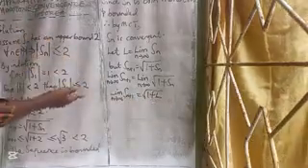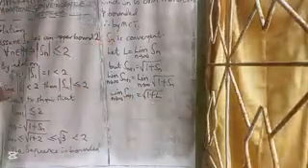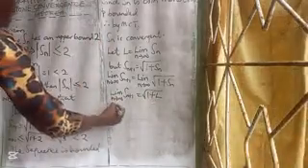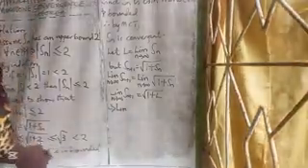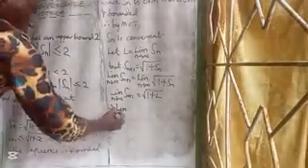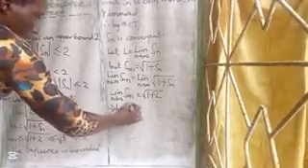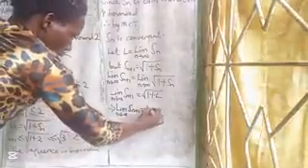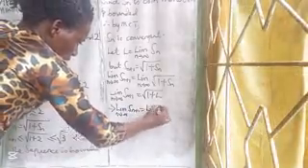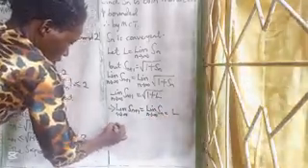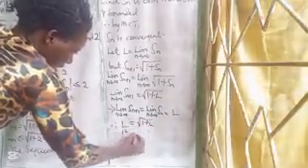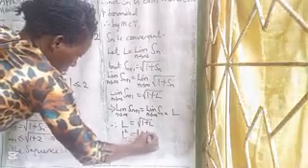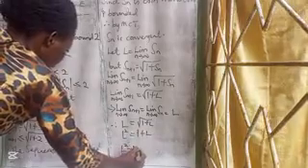Since Sn plus 1 and Sn will have the same limit, it means that the limit as n tends to infinity of Sn plus 1 is equal to the limit as n tends to infinity of Sn, and that is L. Therefore, L is equal to the square root of 1 plus L. That implies that L squared is equal to 1 plus L. So L squared minus L minus 1 is equal to 0.